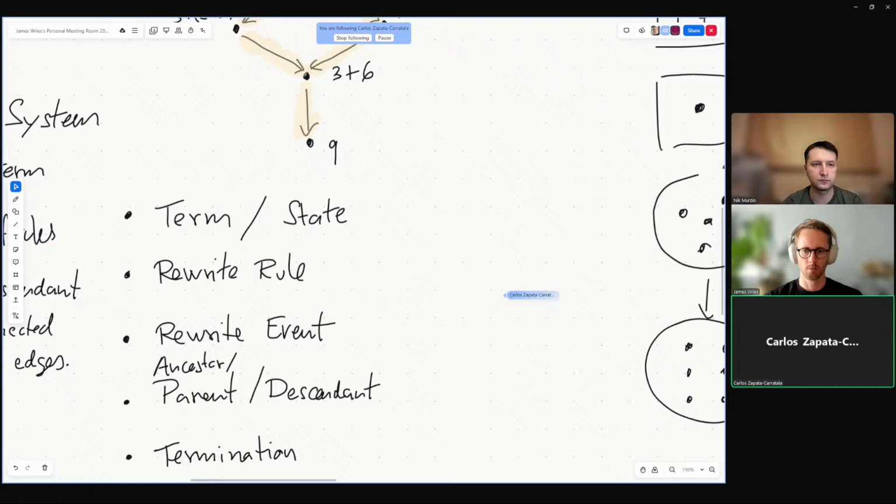So a parent is one where it's basically one generation up, and then here you have child and descendant. Descendant means that you can find a future derivation, a later state in your rewrite system, that gets you there. So basically, that you can find a path.